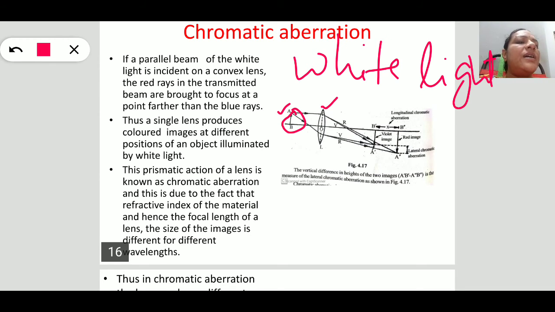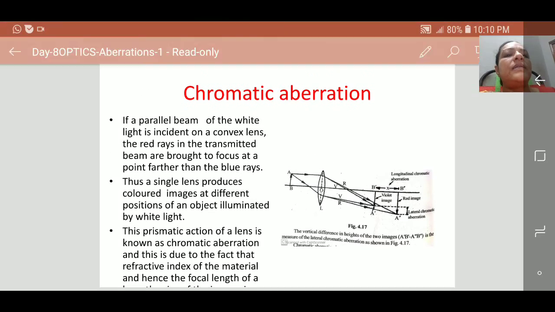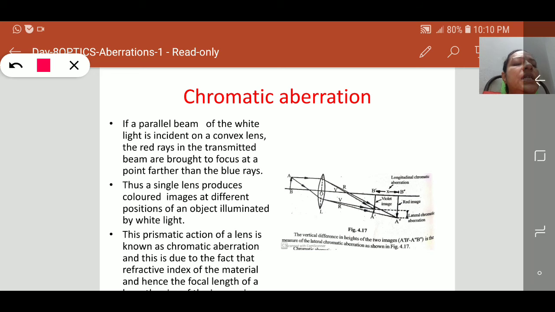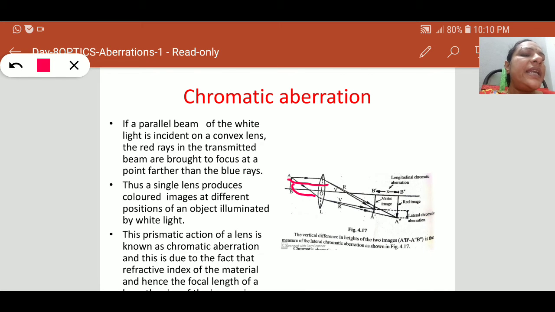When this object is illuminated by white light, the rays coming from this object are incident on this lens system. After incidence, they get refracted and split into the 7 constituent colors.